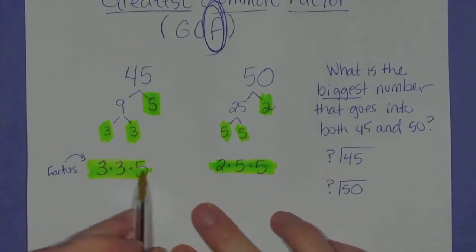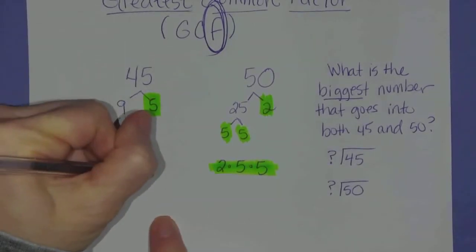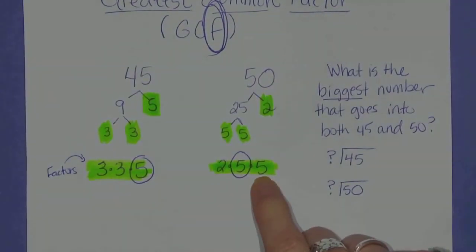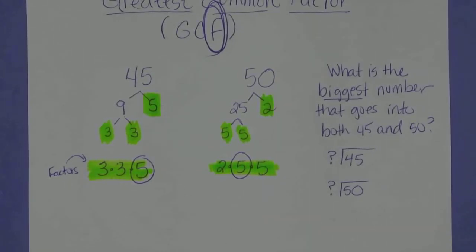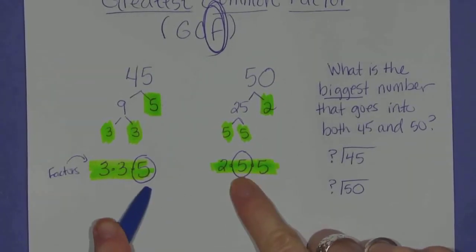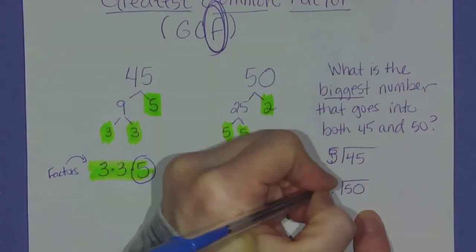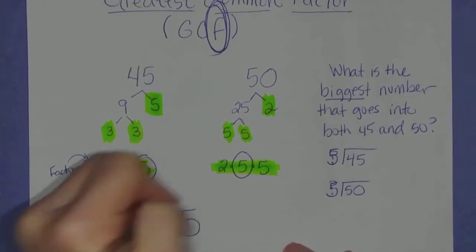So if you look here and you look here, you can see that the only thing they have in common is this one 5. Even though the 50 has another 5, this one doesn't, so they don't have a second 5 in common. So there it is, 5, the biggest number that will divide into both 45 and 50. Okay, very cool. So the answer to this is 5.